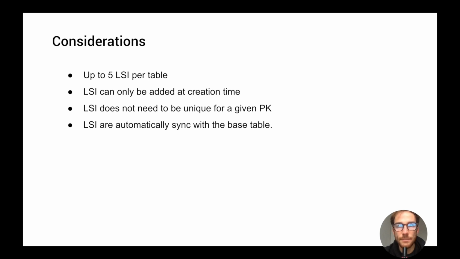And the same happens when you delete a table: any LSI on that table will also be deleted. Another important thing is you must specify a non-key attribute for the sort key of the LSI, and this attribute, very important, has to be either a string, a number, or a binary type.